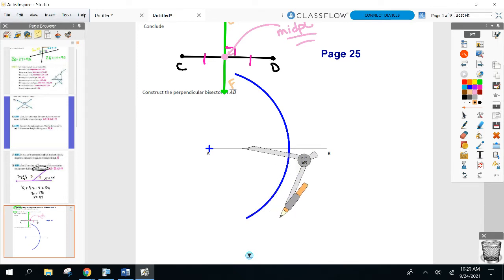Go over to endpoint B with your same opening and make a second arc so you have 2 points of intersection total.